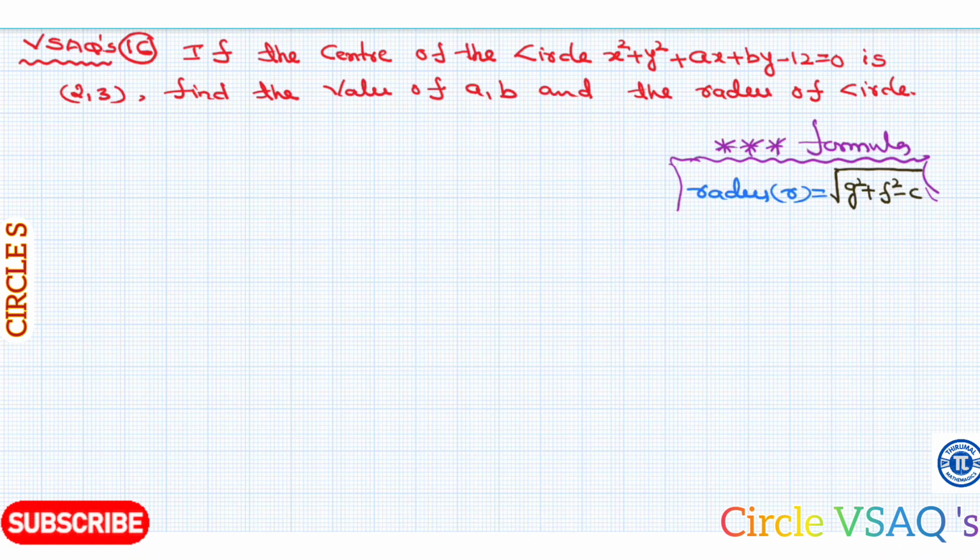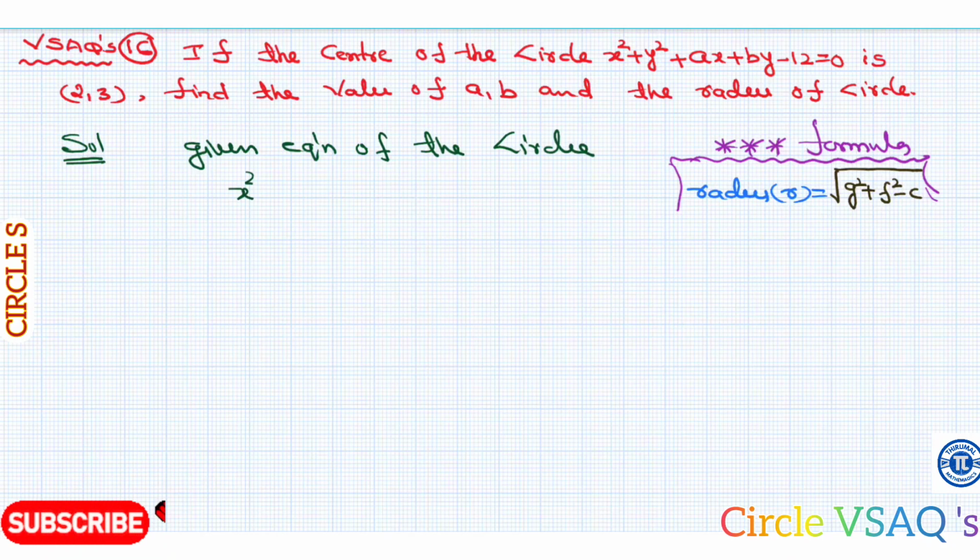Now question number 16. If the center of the circle x² + y² + ax + by − 12 = 0 is (2, 3), find the values of a and b and find the radius of the circle. Now the solution. The given equation of the circle is x² + y² + ax + by − 12 = 0.